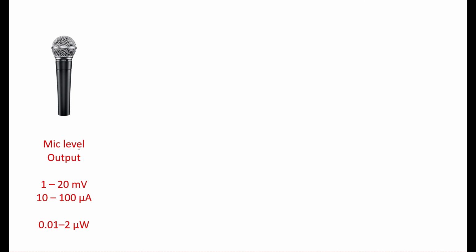And we call this a mic level output. Now, the energy levels involved, we've got 120 millivolts or 10 to 100 microamps, which translate to up to 2 microwatts. I mean, these are super tiny levels of energy or power, and way too small to ever drive a speaker, right?